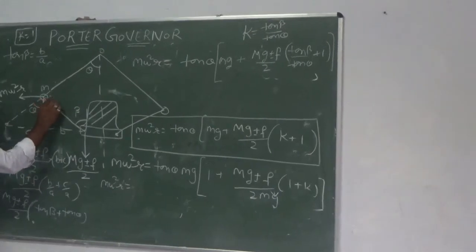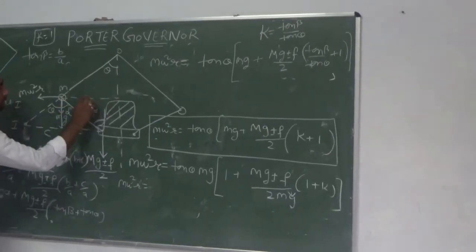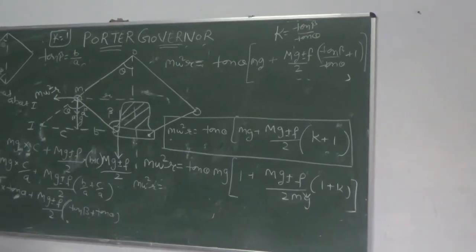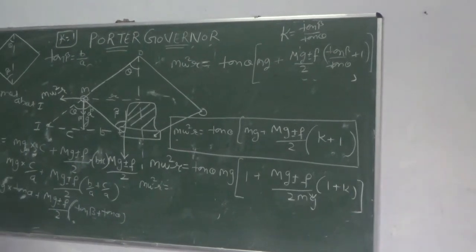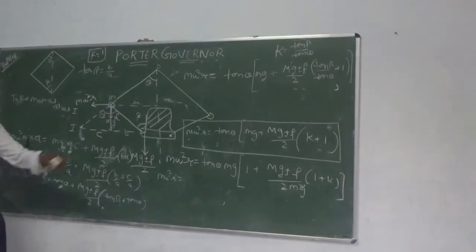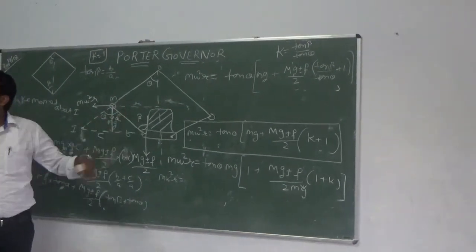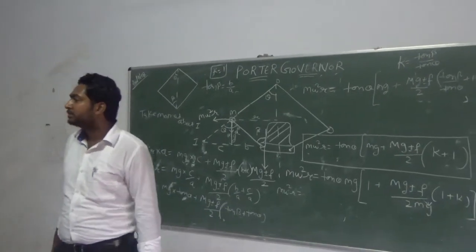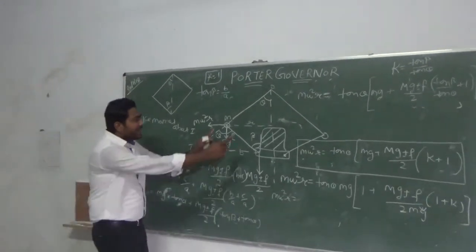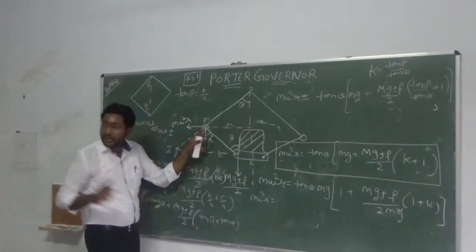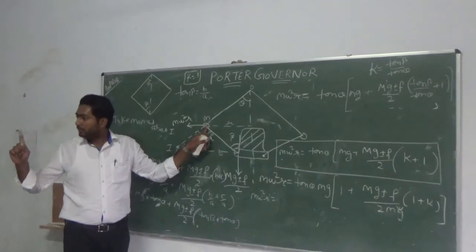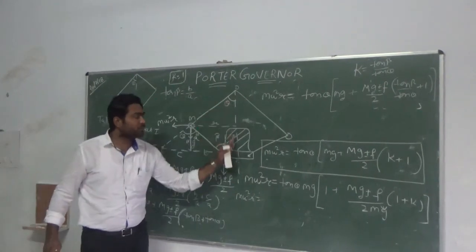From this diagram, what is r? Radius of governor. What is the definition of radius of governor? It is the horizontal distance between the center of the governor axis to the ball.